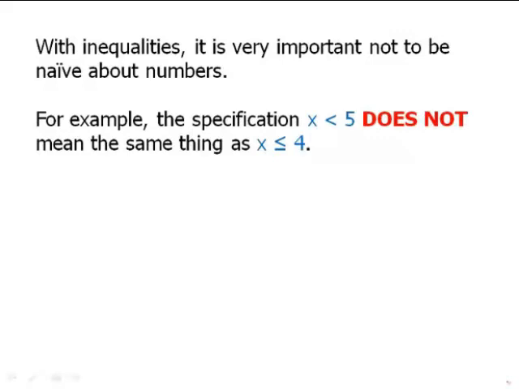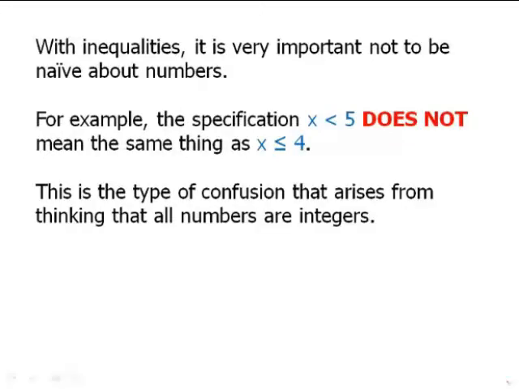What's going on here is people are thinking that x can only be a number that they can count on their own fingers. Or in other words, people are only thinking about positive integers. And so this is the type of confusion that arises when people think all numbers are just positive integers, all numbers are numbers I can count on my fingers.